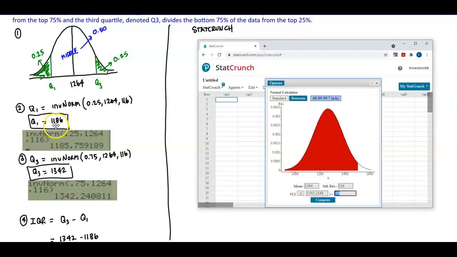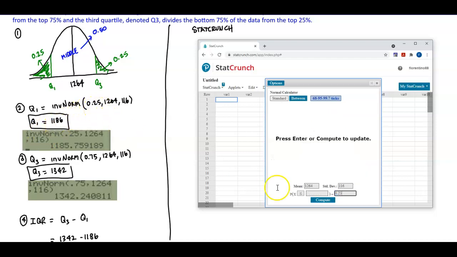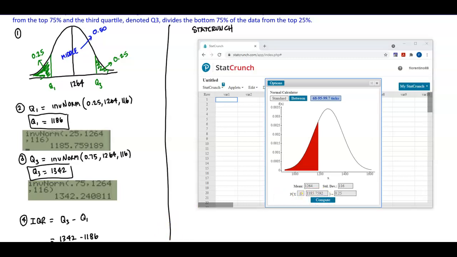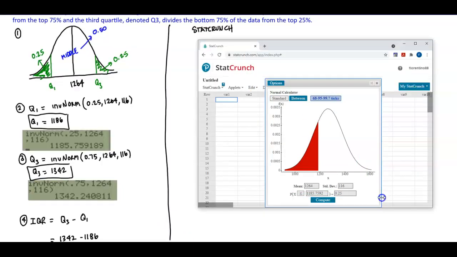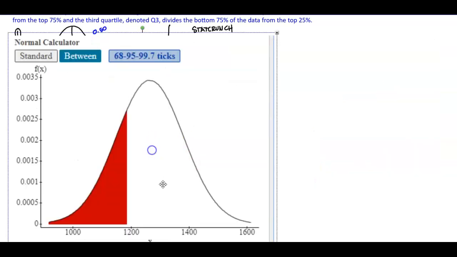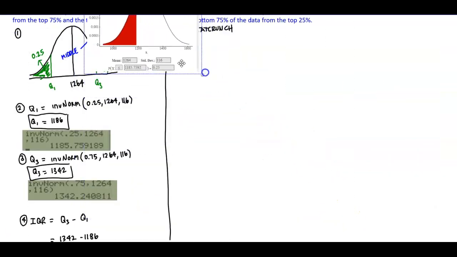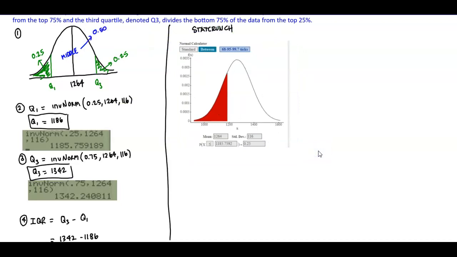But in order to find quartile 1, we got to use the area of 0.25. And then we're going to select compute. And then you can see what we get for the value of quartile 1. Okay, so here's quartile 1. And then quartile 1 rounded to the nearest whole number gives us 1186.